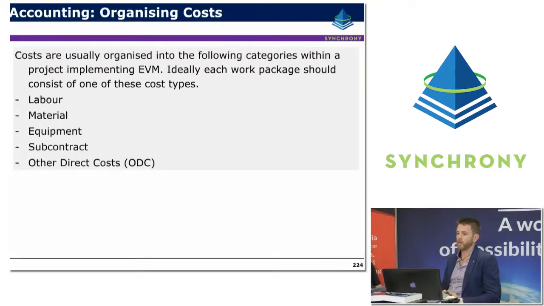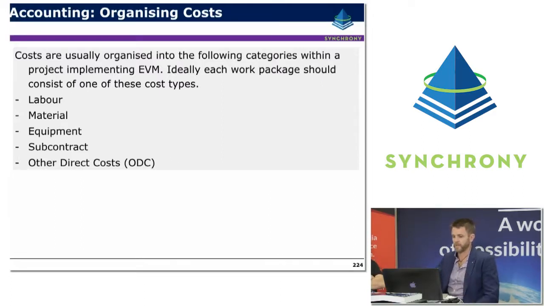The costs are usually organised into the following categories within a project implementing EVM. Ideally, each work package should consist of one of these types. The typical categories are labour, material, equipment, subcontract, and other direct costs, which usually captures miscellaneous items like travel.